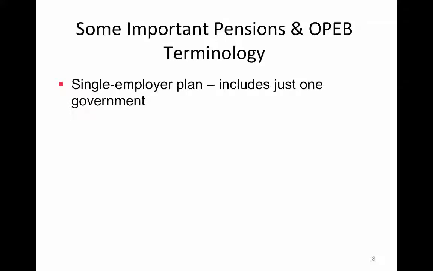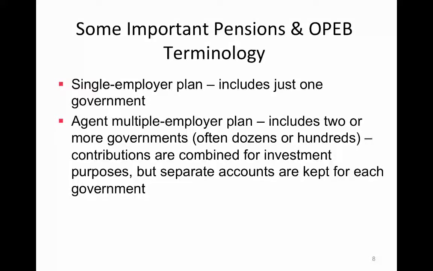But the three types of plan are single employer plans, that is a plan that includes just one government, agent multiple employer plan, so this is a plan that has two or more governments, usually many governments, and they make contributions to this plan, and those contributions may be pooled for investment purposes because it will generate a greater return than any of the individual governments could have generated.